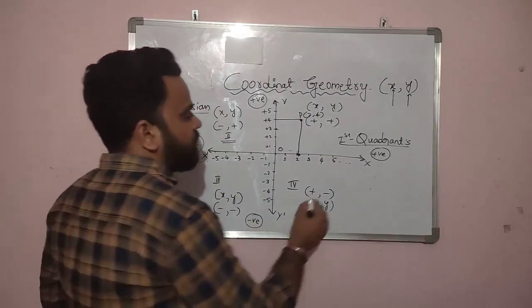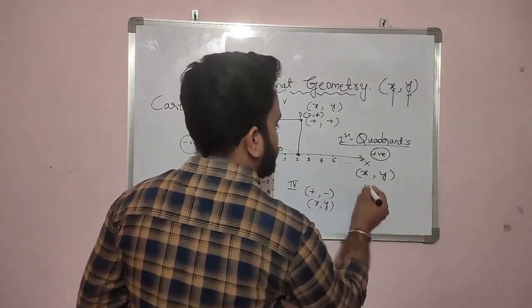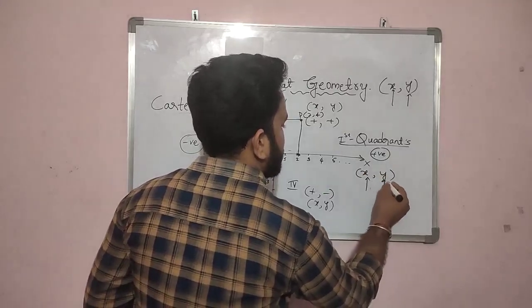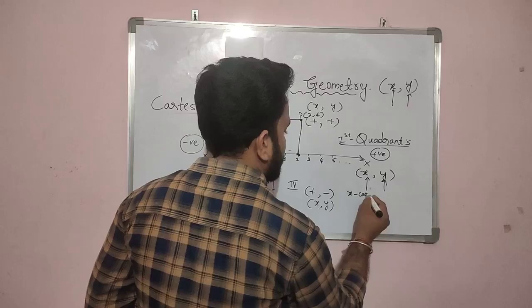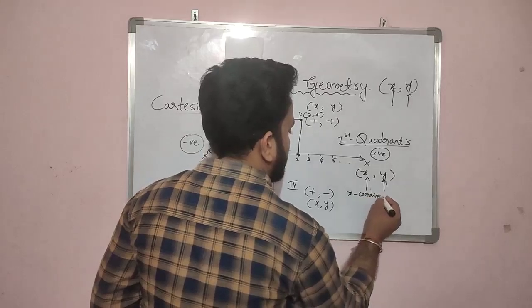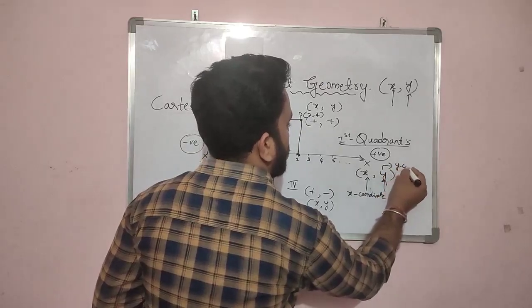Other than this, we have two important things, x and y. This is x and this is y. This is called the x coordinate, and this is called the y coordinate.